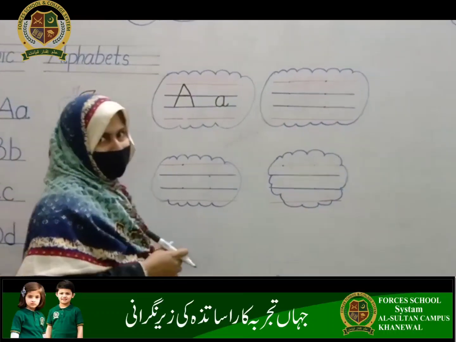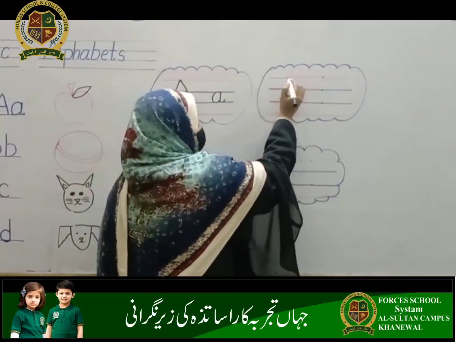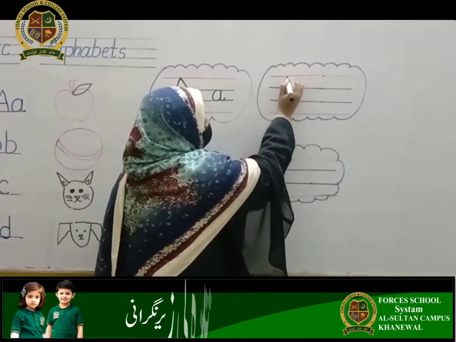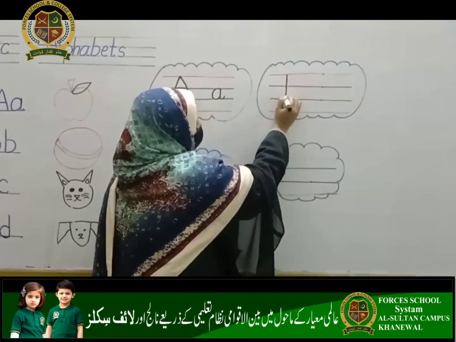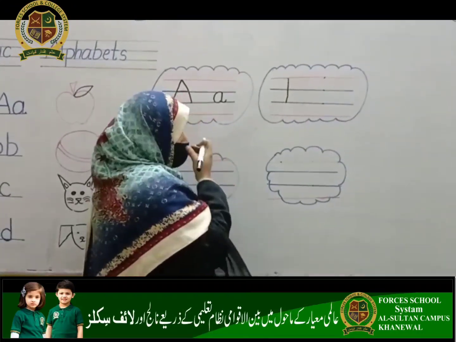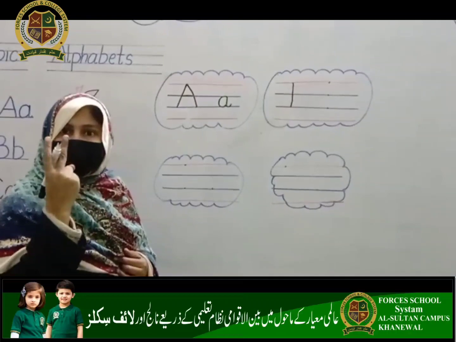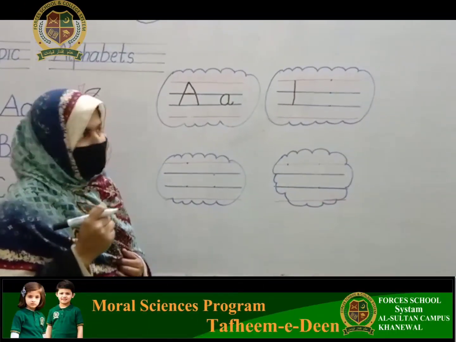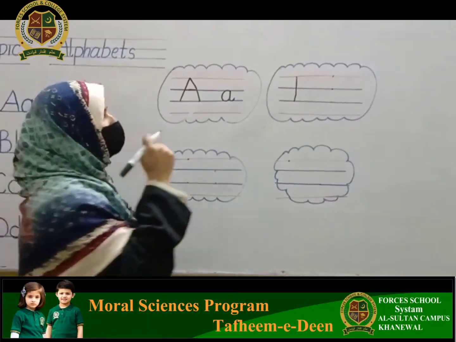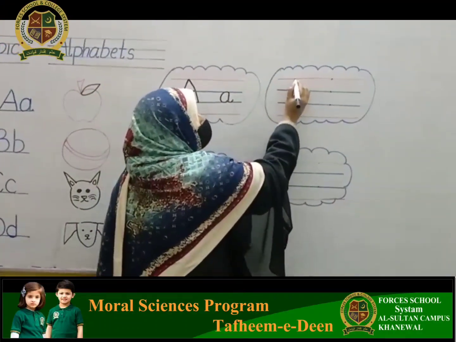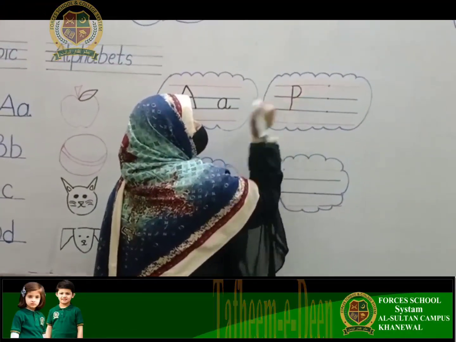Now we write the letter B. First of all, we draw the straight line. B has two bellies. The first belly is small.